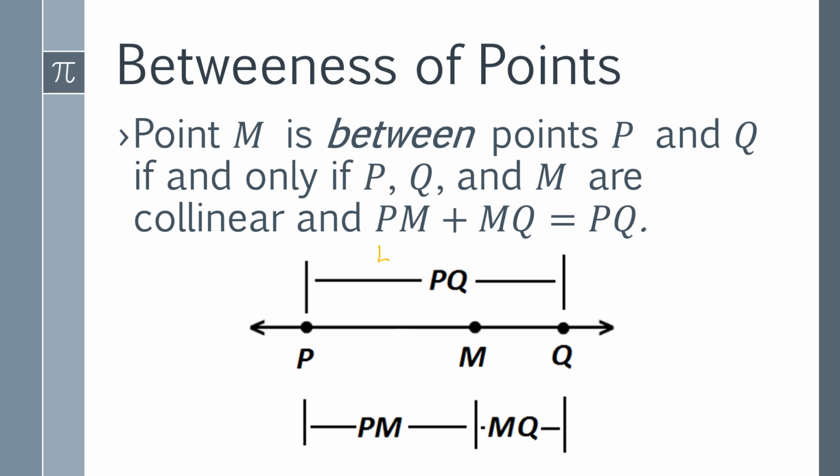So the longer distance is equal to, we would maybe call this the medium distance plus the small distance, right? That the two smaller values have to add up to the larger value.